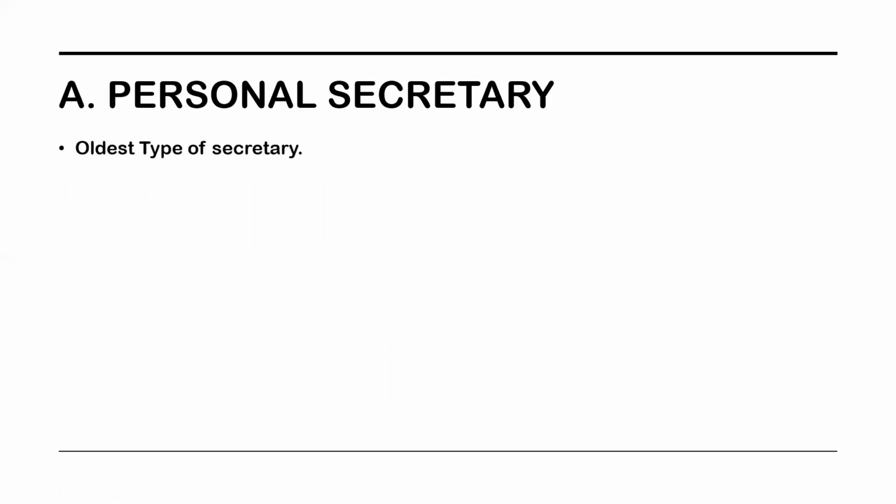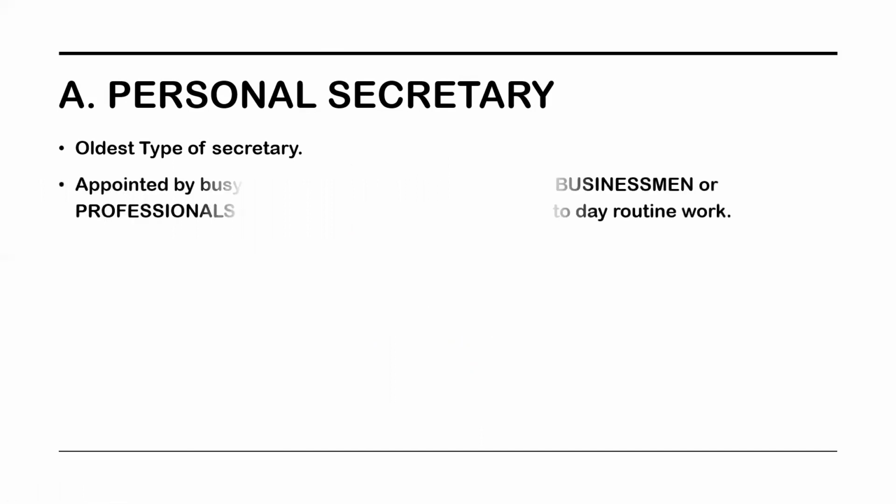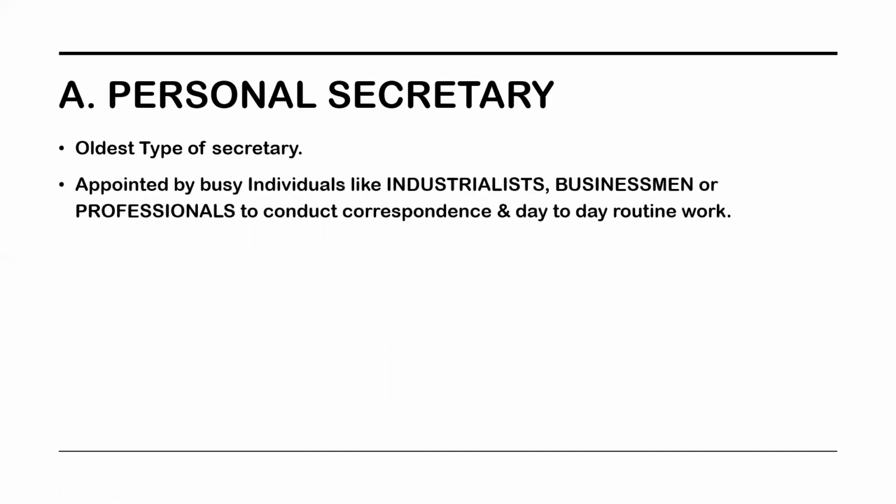Now, personal secretary is the oldest type of secretary, which is usually appointed by busy individuals like industrialists, businessmen, or professionals, so that the correspondence part and the day-to-day routine work can be conducted smoothly.